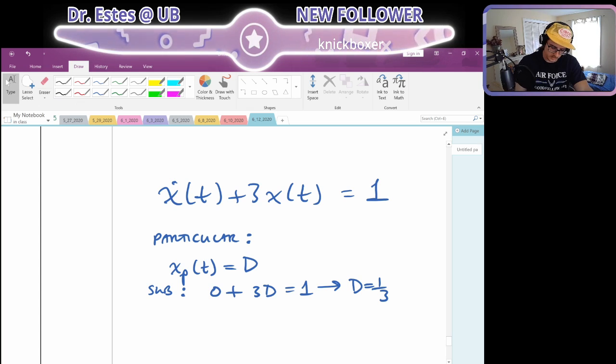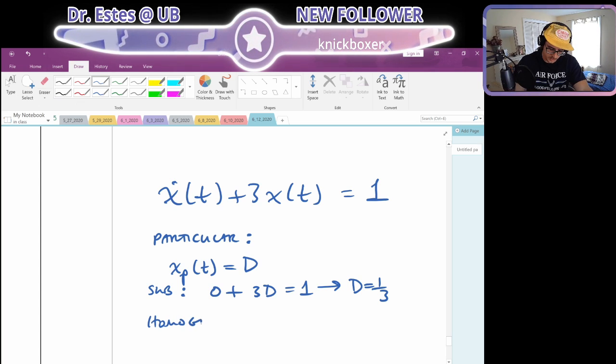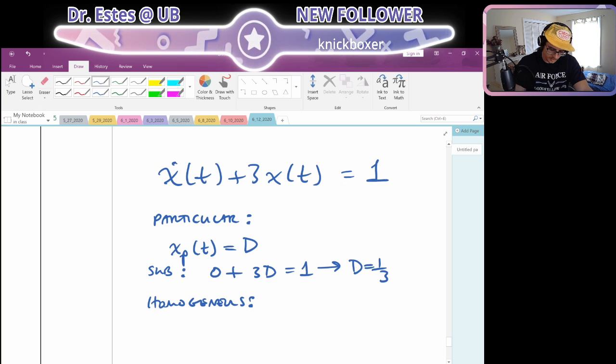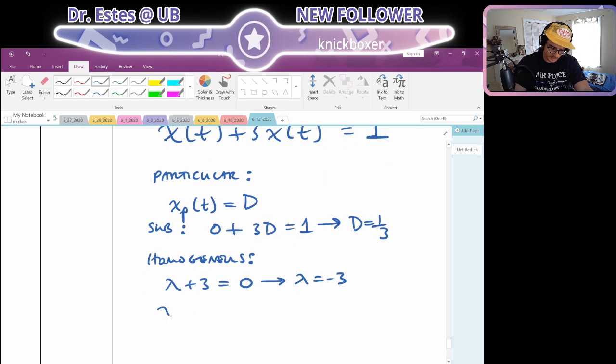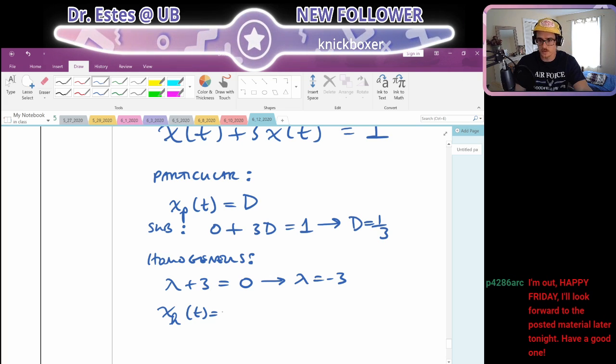So that's the particular solution. If you do the homogeneous, we'll first do the characteristic equation, and you find the root. And then that means the homogeneous solution.